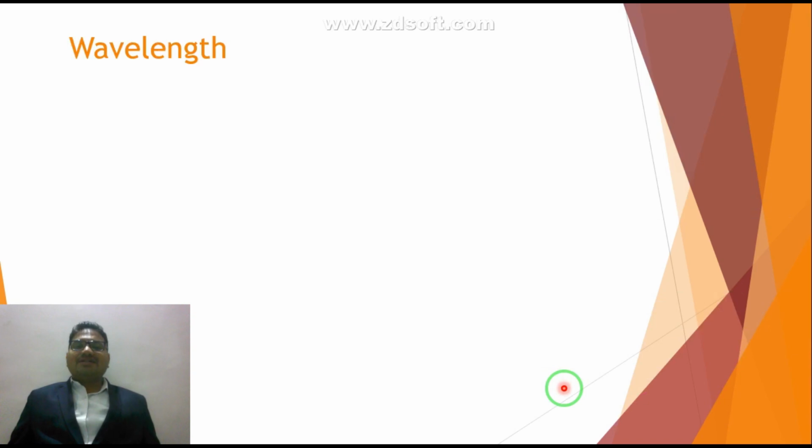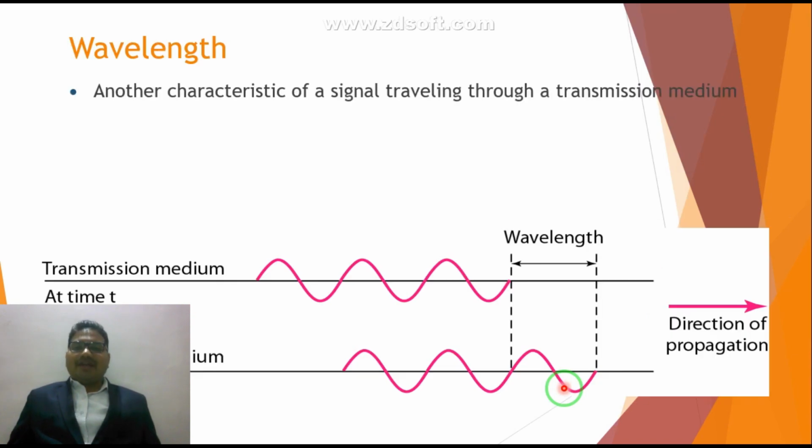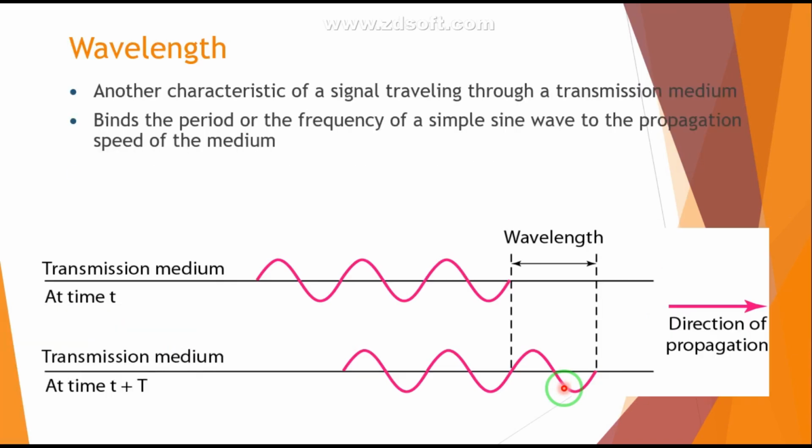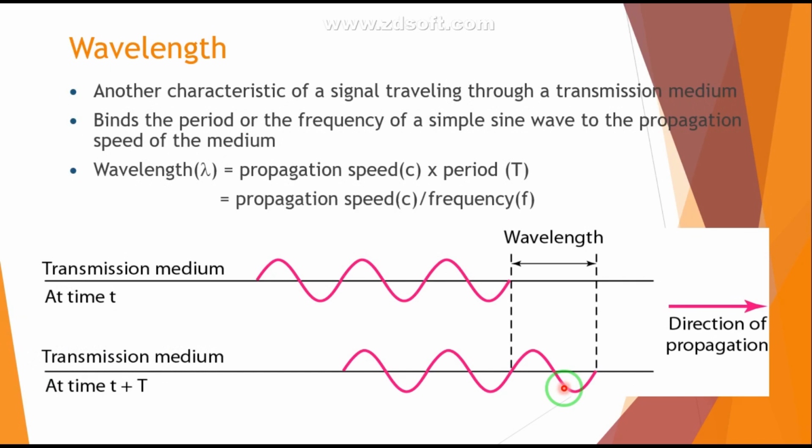Now moving towards the next, that is your wavelength. Another characteristic of a signal traveling through a transmission medium is your wavelength. Wavelength is going to bind the period or the frequency of a simple sine wave to the propagation speed.